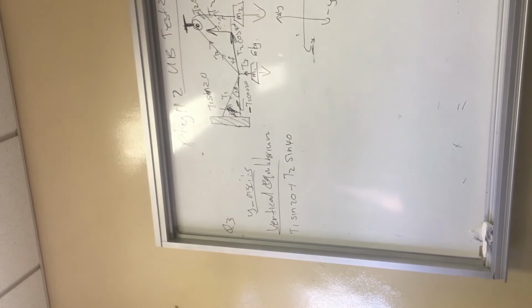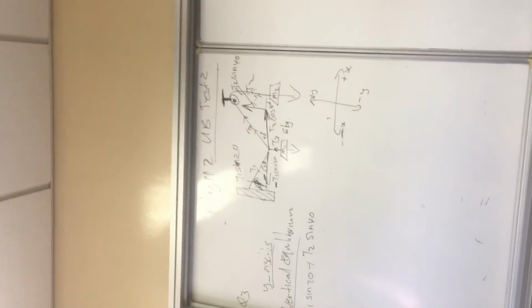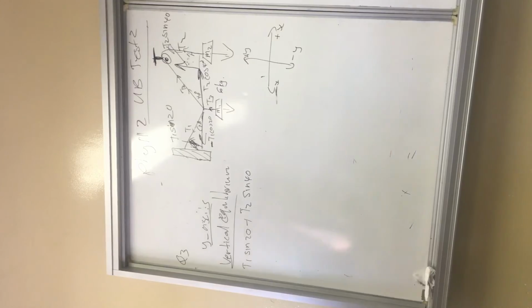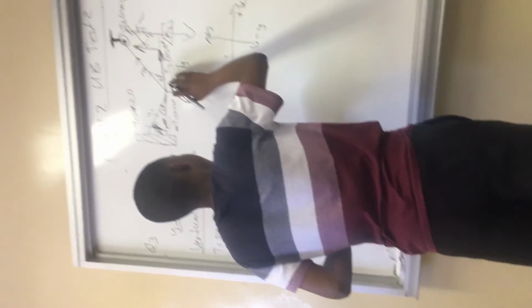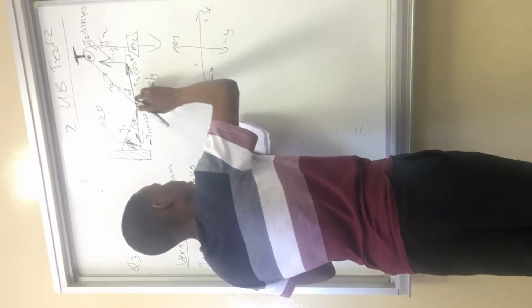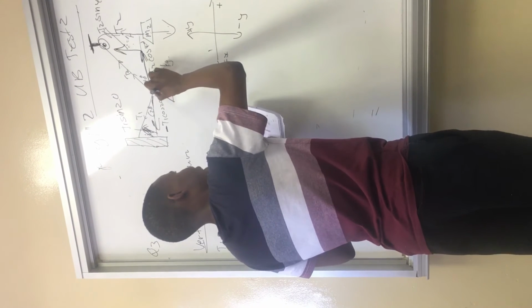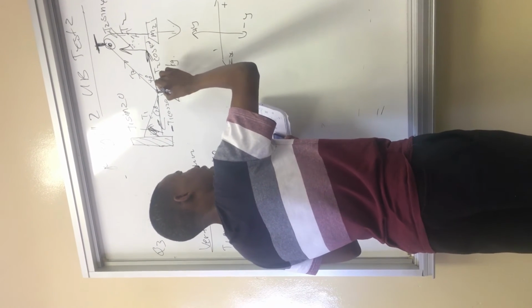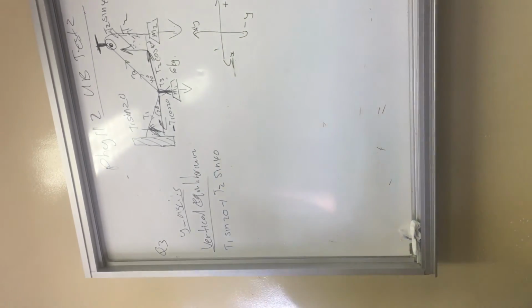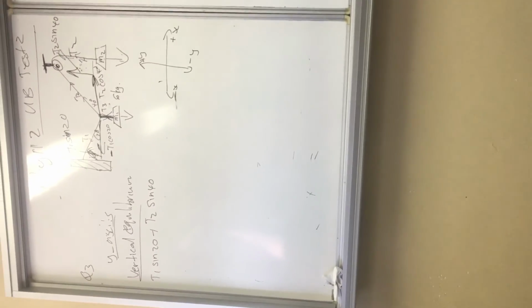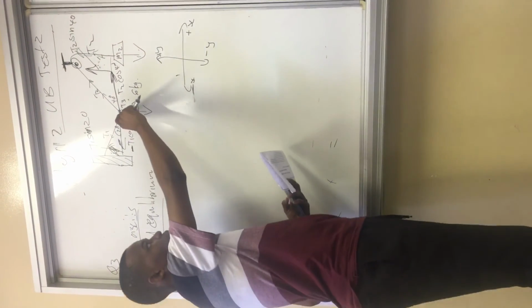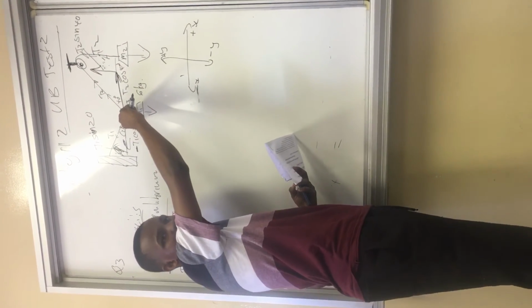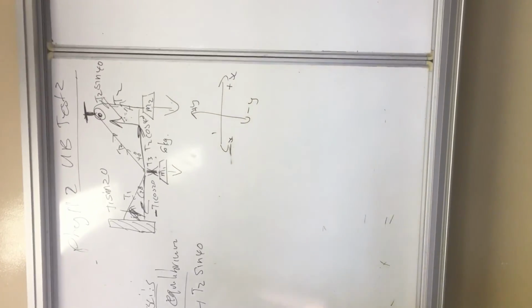In which direction is T3 acting? It should be acting down. T3 is the tension of this spring, which is acting down, and there's a force acting up.